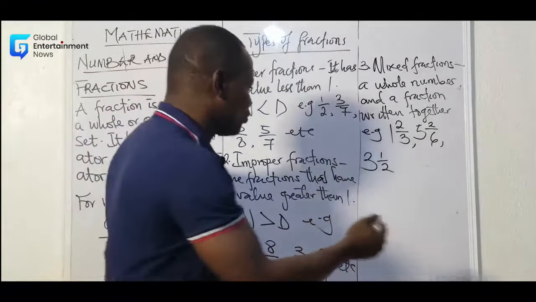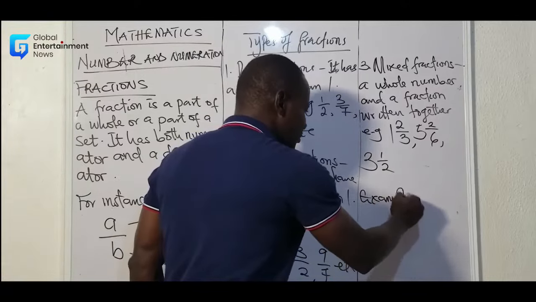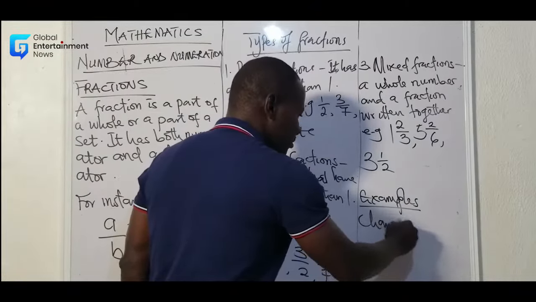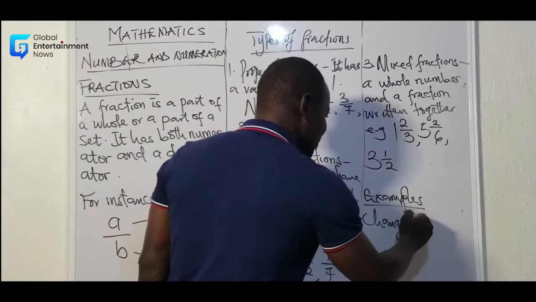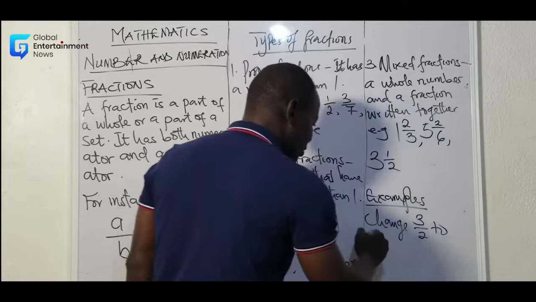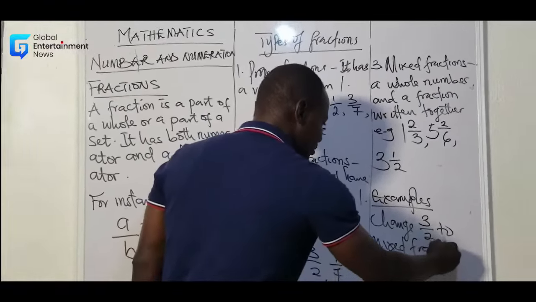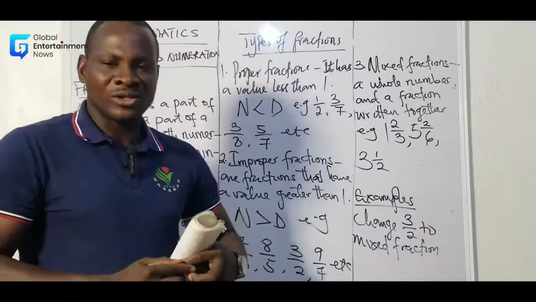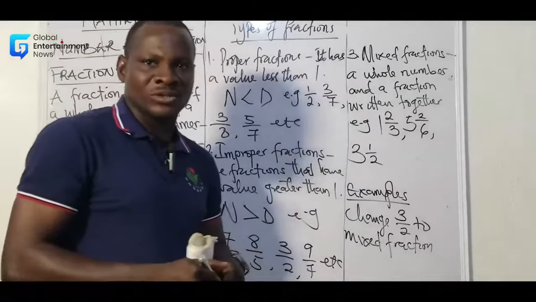For example, let's do some examples under this. Example: change 3 all over 2 to mixed fraction.